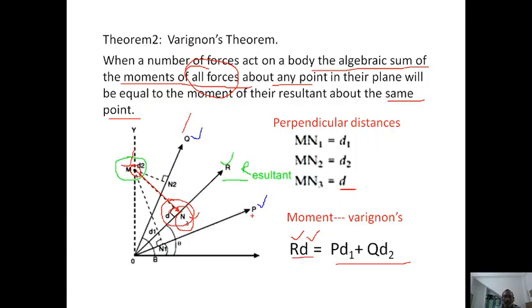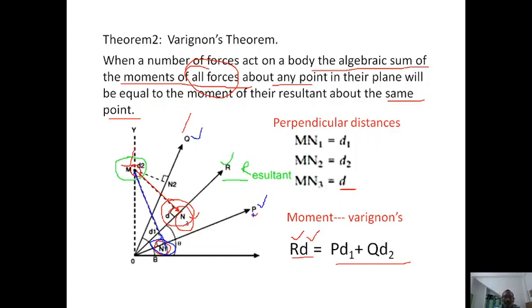Q and P. Now I take the perpendicular distances of Q and P. For the P line, the perpendicular point is N1, and from M I draw the perpendicular towards N1. This is the perpendicular distance.